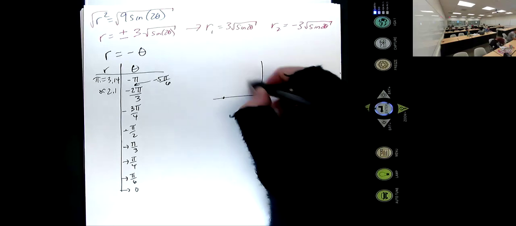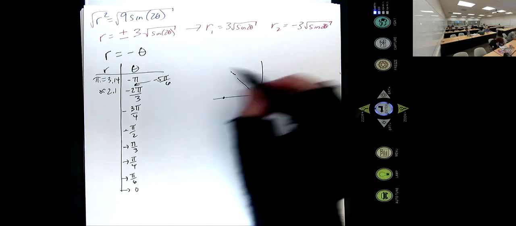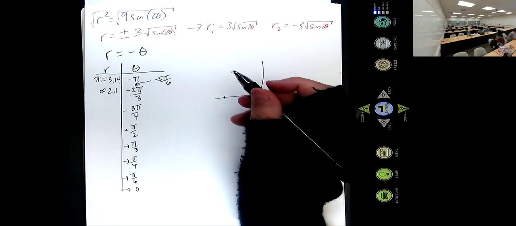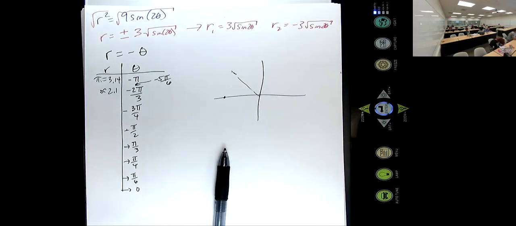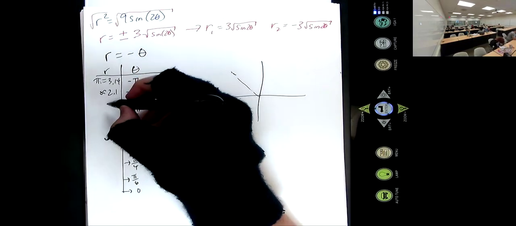Negative 3 pi over 4 is that angle, about 2.35.